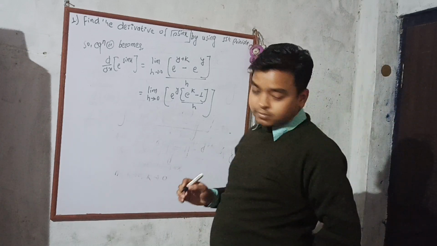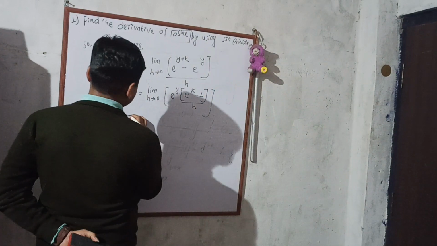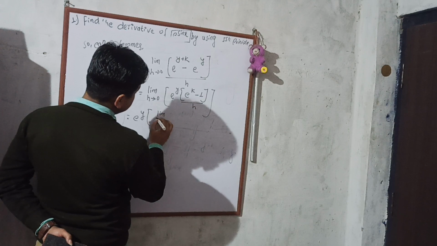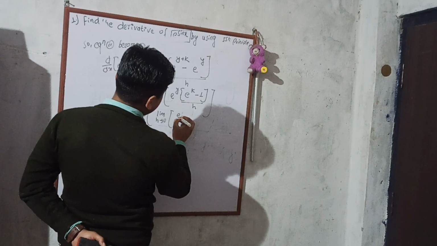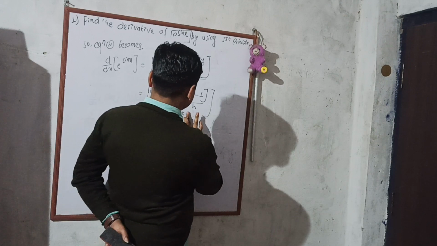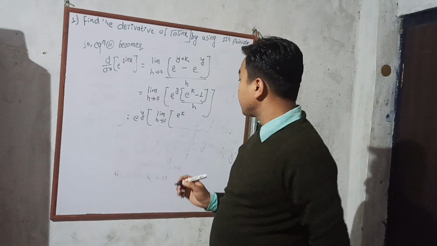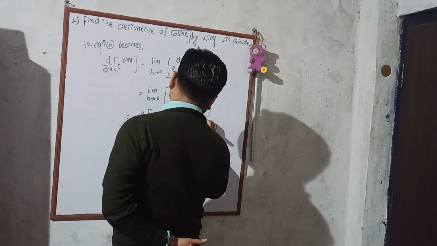Then e to the power y is common, and we write e to the power k minus 1 divided by k, into k by h.